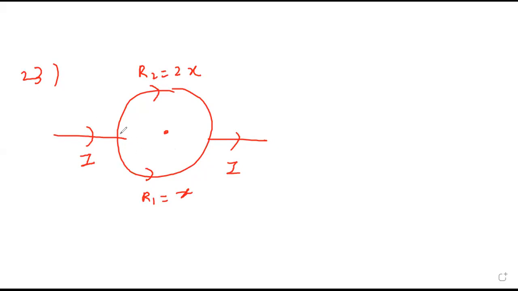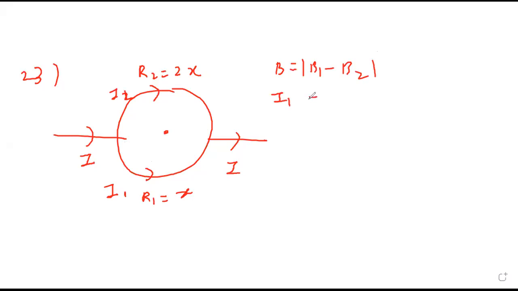See, current is entering in two directions, clockwise and anti-clockwise. So field will be in two different directions. Net field will be difference of B1 minus B2. To get B1 or B2, we require currents I1, I2.